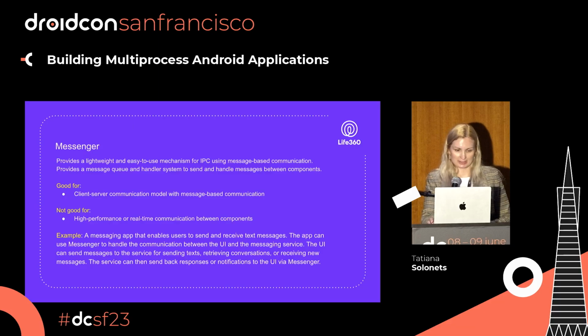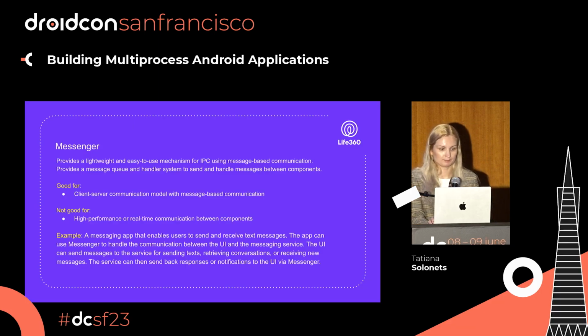And another one is the messenger. Based on the name, you can probably guess that it's good for message-based communication, just for really simple messages. All the messages are building up into a queue. So if you need to handle only one message at a time, this is actually a good, simple way to do it.